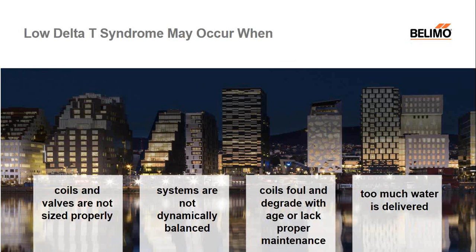Here we're talking about particularly pressure-dependent valves, which, as you may know, are sized on a CV calculation. When they calculate that CV and go to the product catalog, sometimes that exact CV is not available. So what does one do? One chooses a larger valve. They don't want to undersize the valve and have an underperformance, so they oversize the valve. So right out of the gate, both coils and valves are inherently oversized.